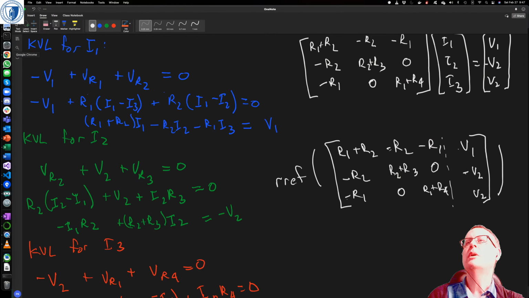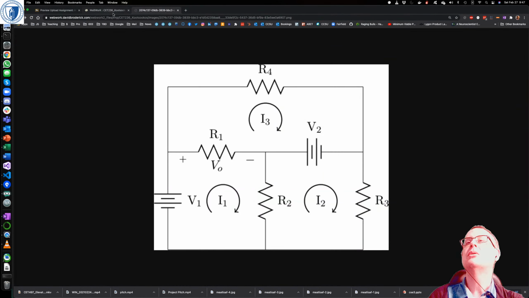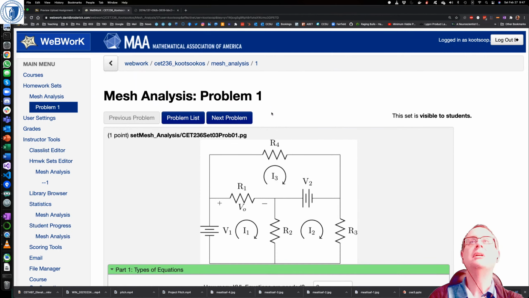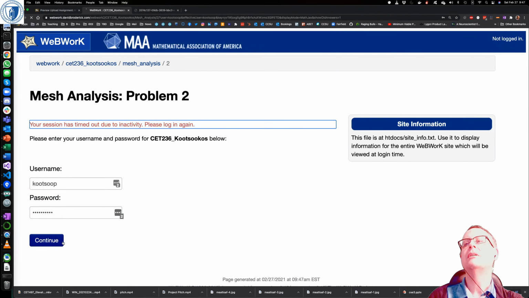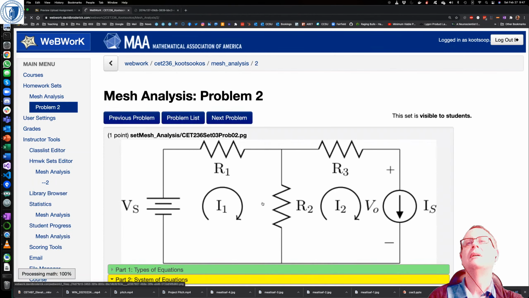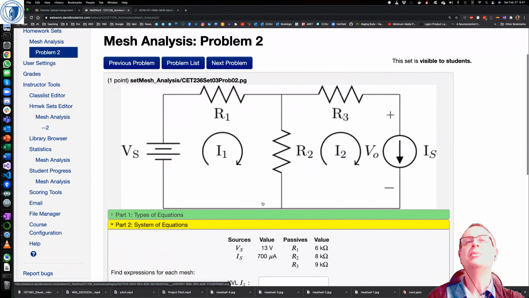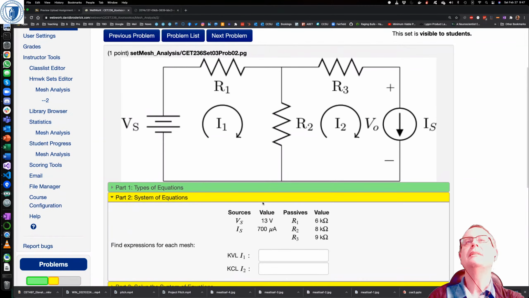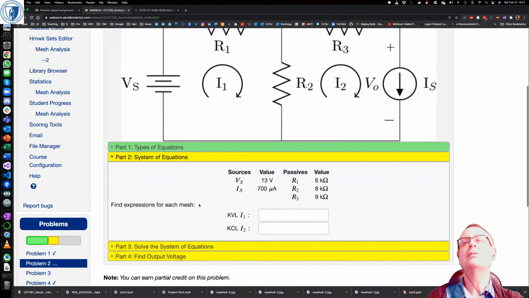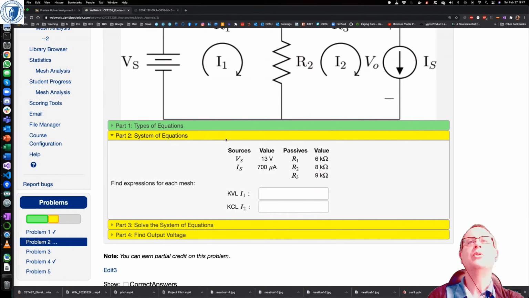Let's just have a quick look through some of the other questions maybe. Oh, I got logged out. So there's problem 2, right? And this is what it normally looks like once you haven't entered anything.